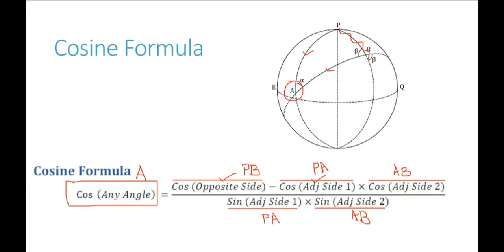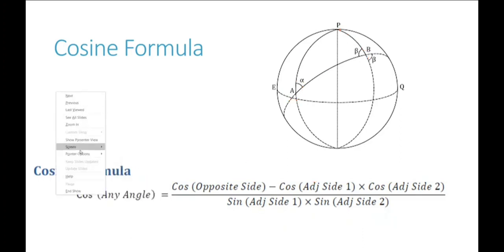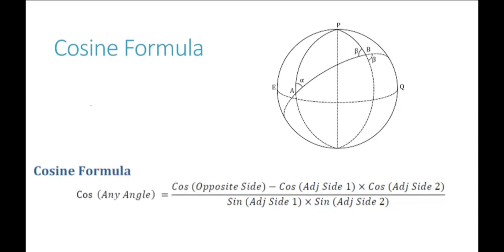The second usage is, let me explain it to you here. Let's erase the ink. The second use here is that if you know any two sides of this triangle, you can pick up any two sides here, PA, PB or AB, any two.